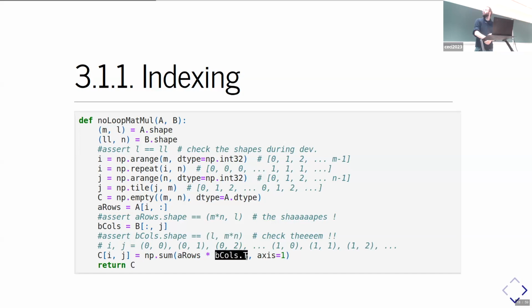This is the NumPy way of saying, I give the transpose of that big matrix. I multiply them together, and I sum on the second axis, because the second axis would be L. So I have just m times n values, and those are my Cij values.